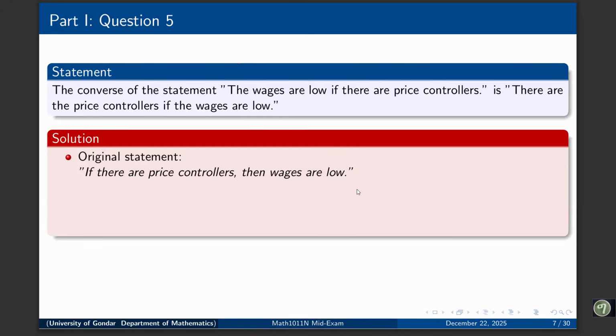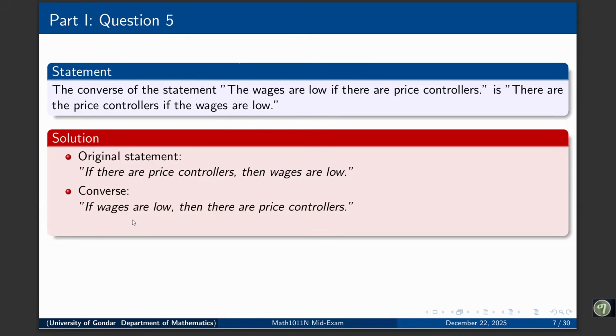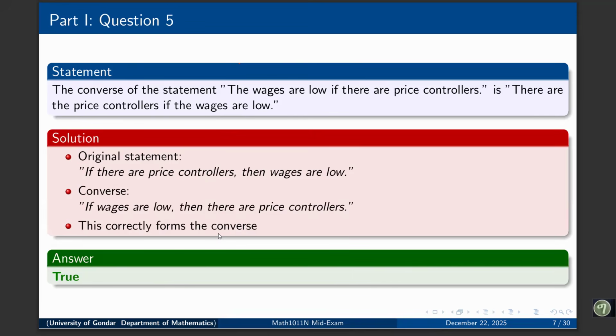When we do this interchanging, we have the converse: if the wages are low, then there are price controllers, which is identical to there are price controllers if the wages are low. Therefore, this is exactly the converse of the statement that the wages are low if there are price controllers. Therefore, the statement is true.